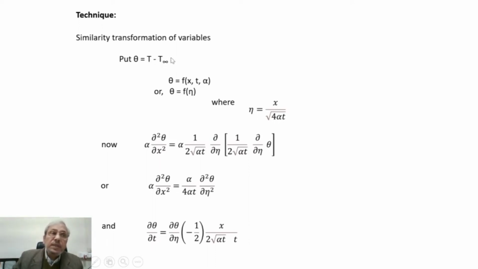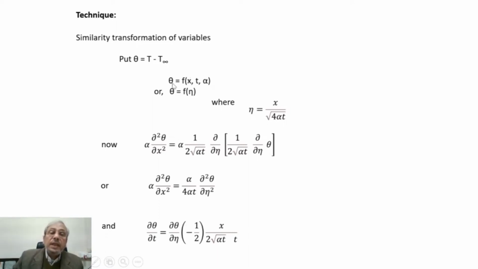As such, T infinity is a high temperature which has been prescribed at x equal to 0. So T minus T infinity, and theta is a function of x, it is penetrating in the x direction with time t, and alpha thermal diffusivity is the property.